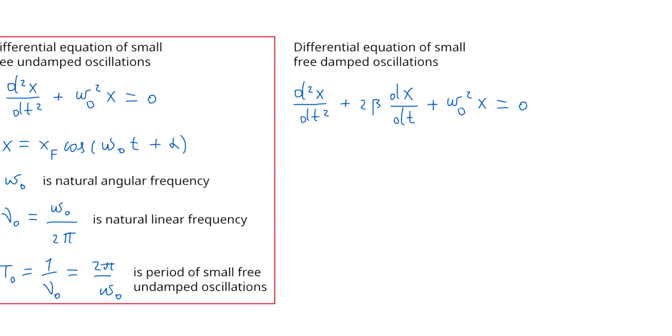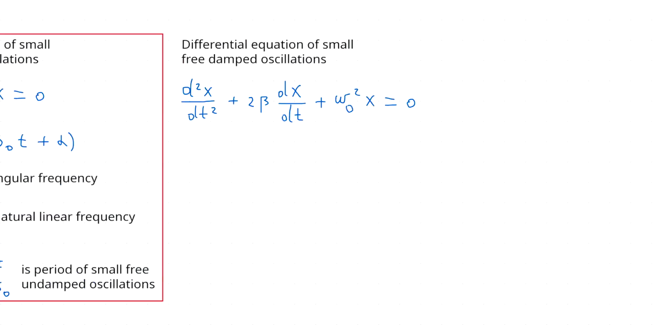And we have made substitution: x is equal to gamma y, where gamma was equal to exponent of minus beta t.